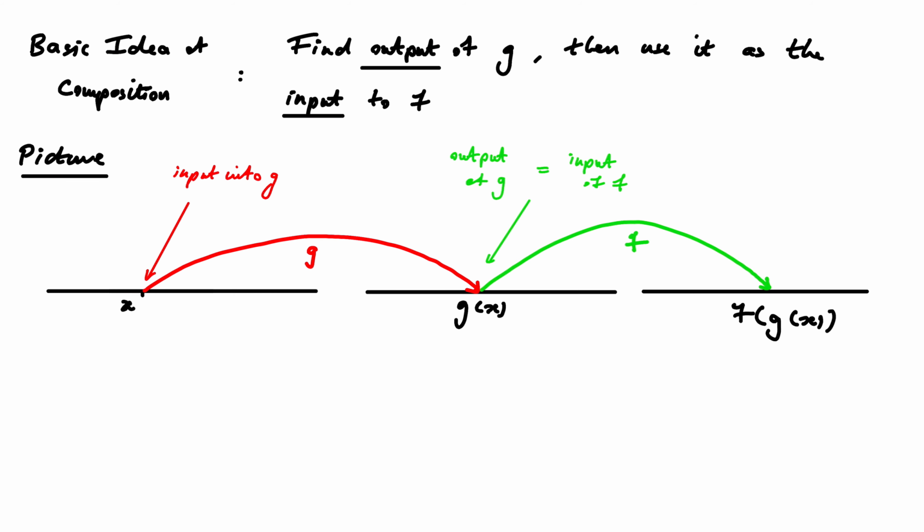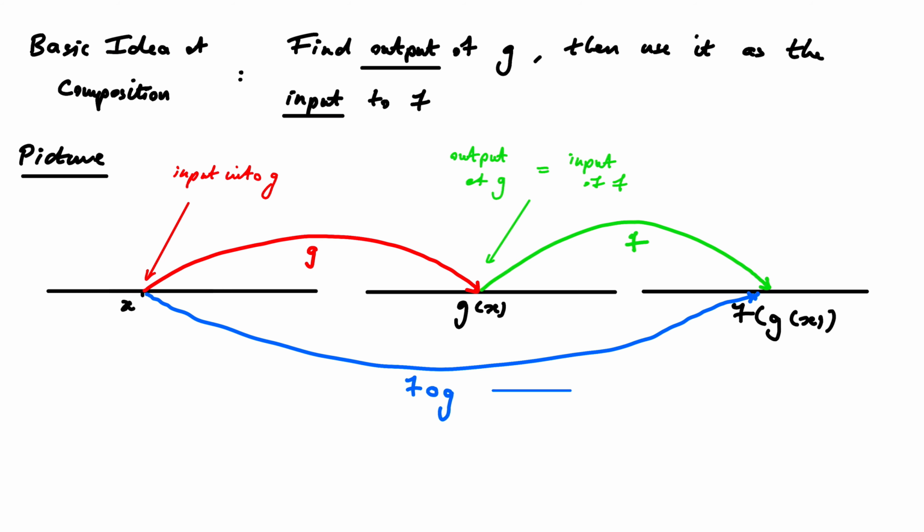And it's nice to think about it as, I'll do it underneath, all the way across there. And I'm going to have some notation for this. I'm going to write this as f with a little circle g. So this is just notation.